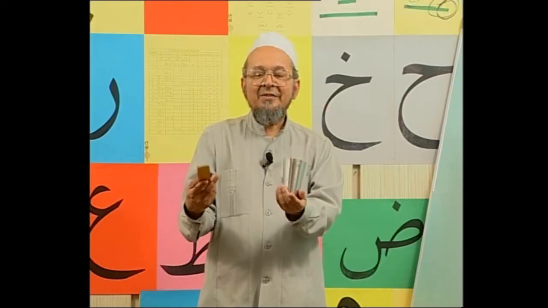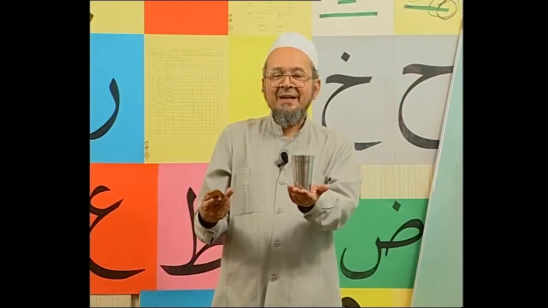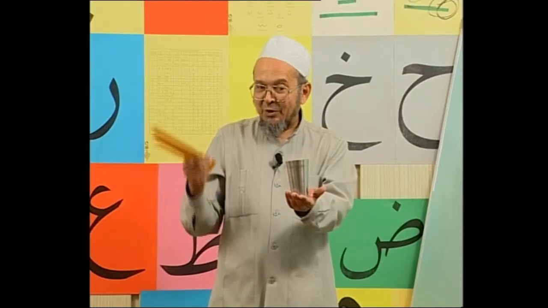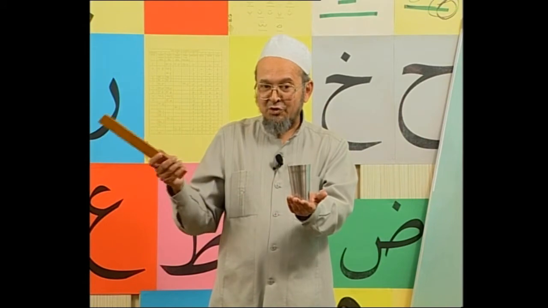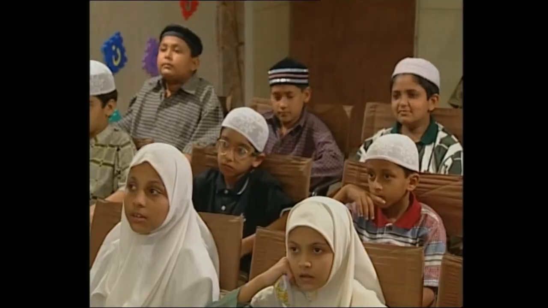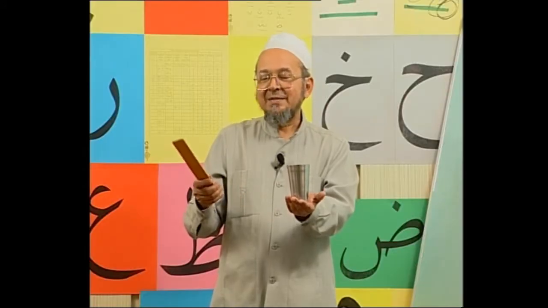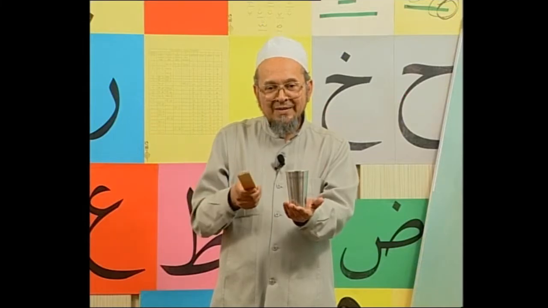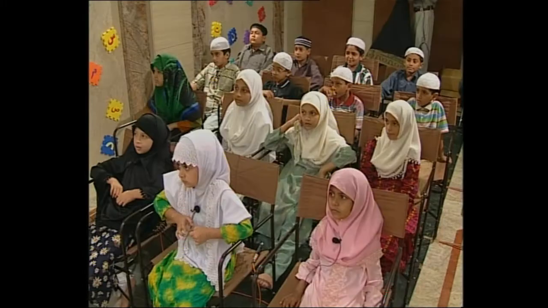So now let us make, for example, this glass a stationary object. Now this glass is not going to move. In order to get the sound, somebody should move and hit this stationary object. So now let us ask this foot ruler to move and then hit the glass.